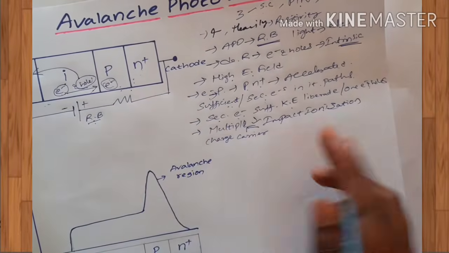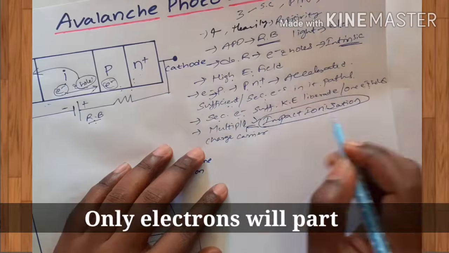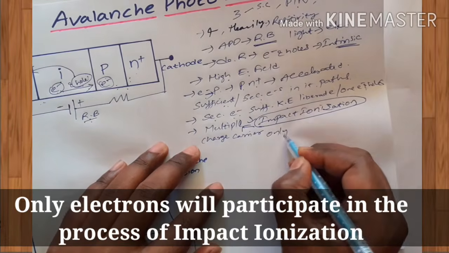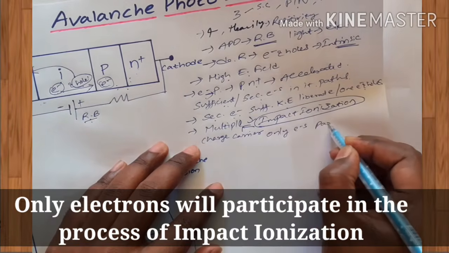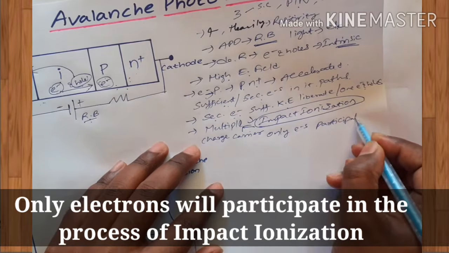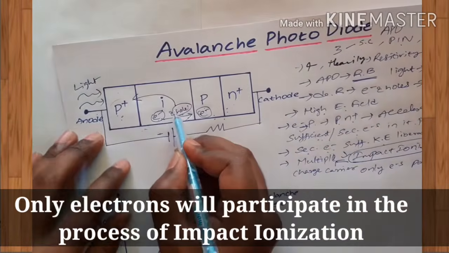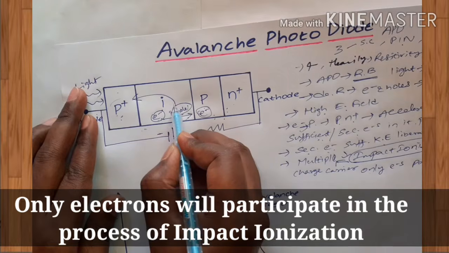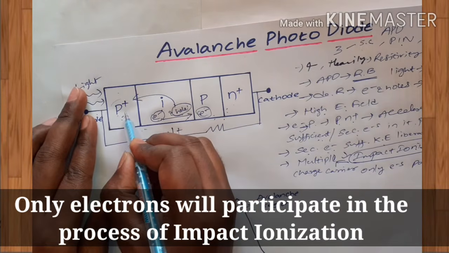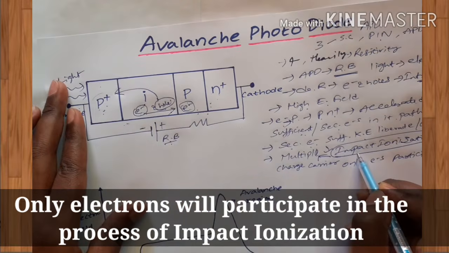In the process of impact ionization, only electrons participate. That means the holes which drift towards the P plus region do not participate in the impact ionization.